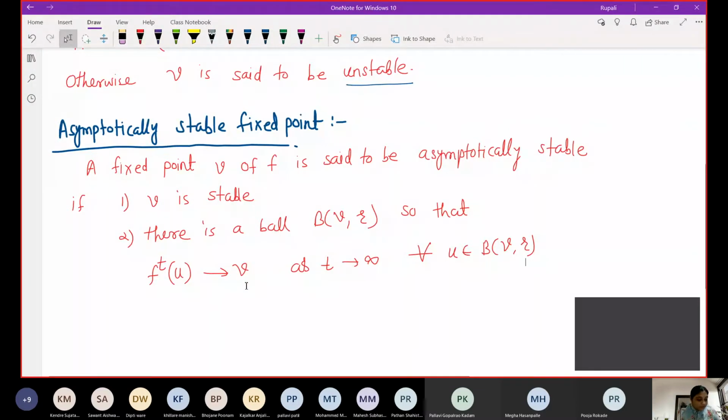Is that okay? So an asymptotically stable fixed point means first it is a fixed point, then it is a stable fixed point, as well as a third additional condition: there exists a ball B(V, R) so that f raised to t at U tends to V as t tends to infinity for every U belonging to that open ball. Okay.